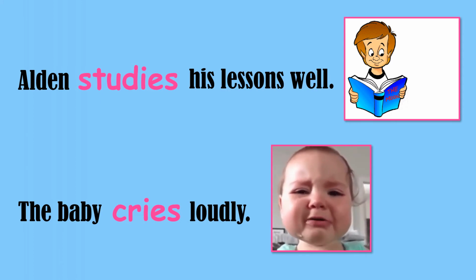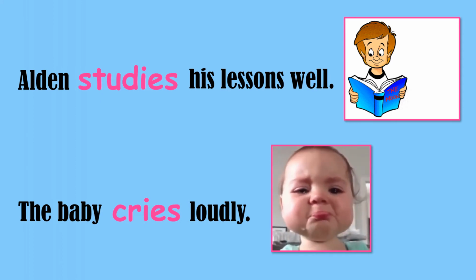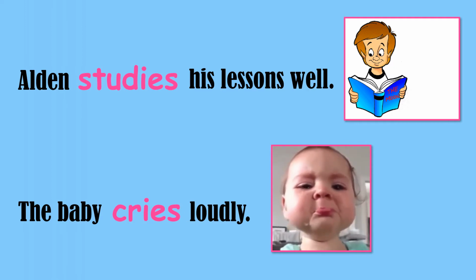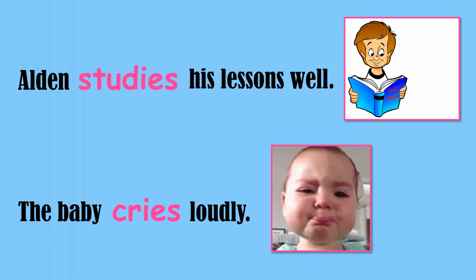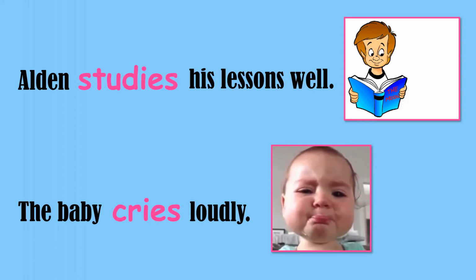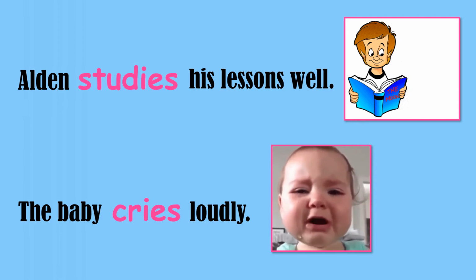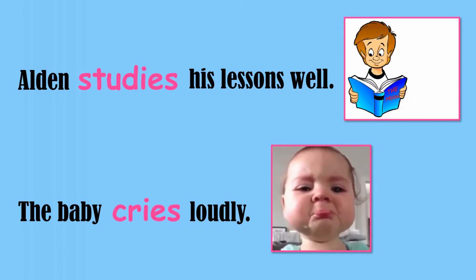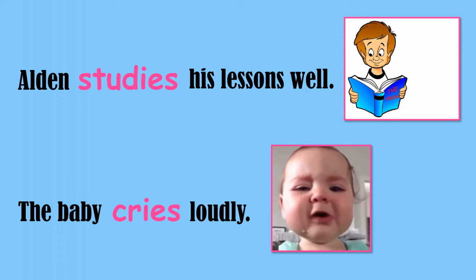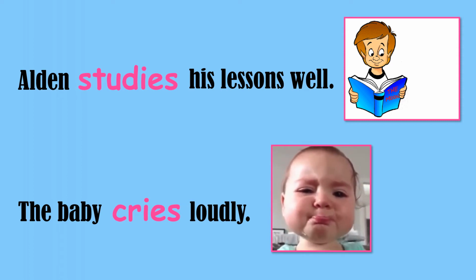Both verbs end in y. The verb study has the letter d before the letter y, which is a consonant. The verb cry also has the letter r before the letter y, which is also a consonant. And since y is preceded by a consonant, we change y to i and add es.